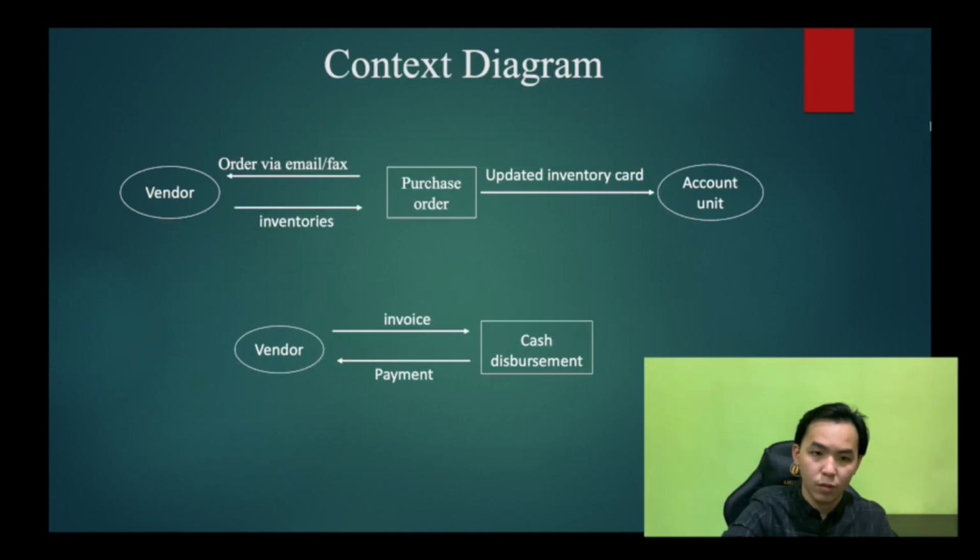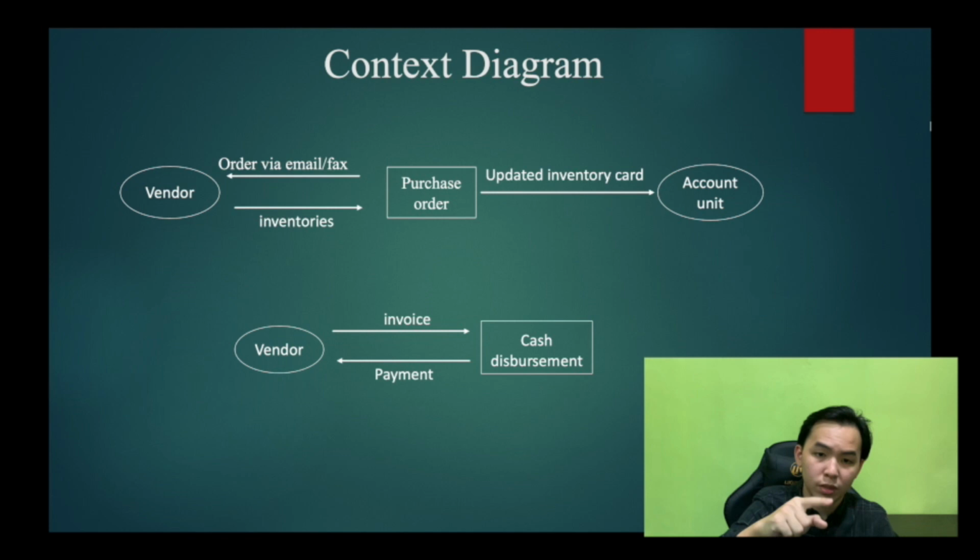For context diagram, there are 2 context diagrams, that are purchase order and cash disbursement. For the first context diagram, purchase order sends order via email or fax to vendor, and then vendor sends back inventories to purchase order.